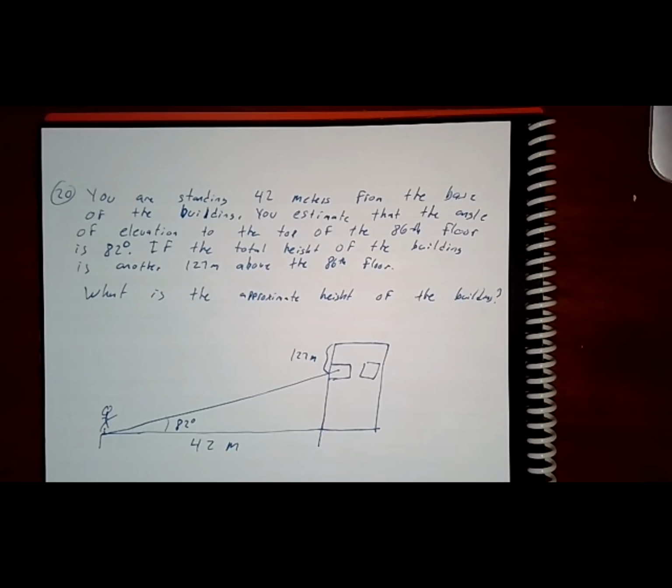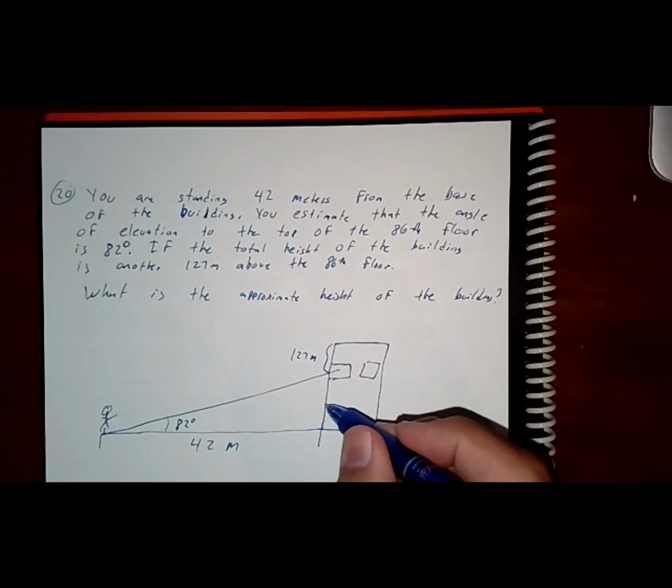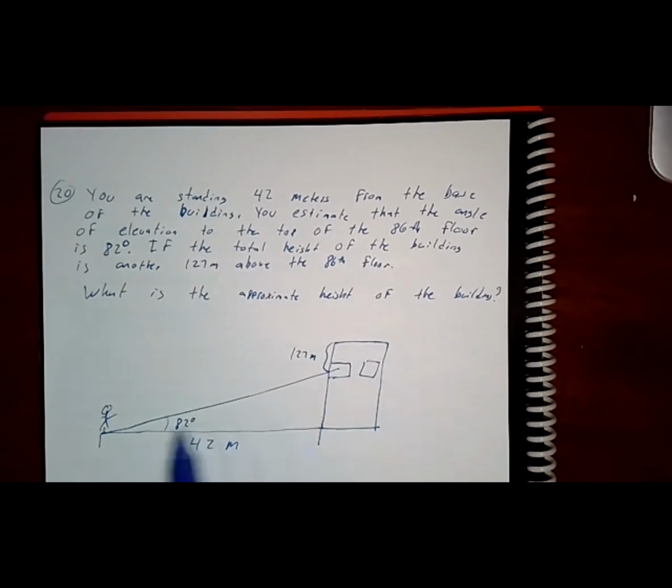So I can find this missing side by using a trig function and this angle. Which function should I use? Sine, cosine, tangent. We have 6 to choose from. What side is missing?